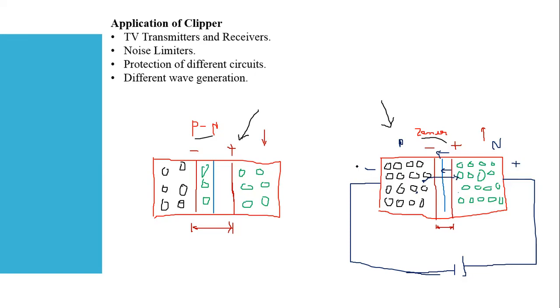How? Because here you can see this is a negative sign, so definitely the electron will be repelled, and this positive is going to attract that electron, and when the electron passes through this, definitely it will gain more energy. Why? Because of the high electric field intensity.